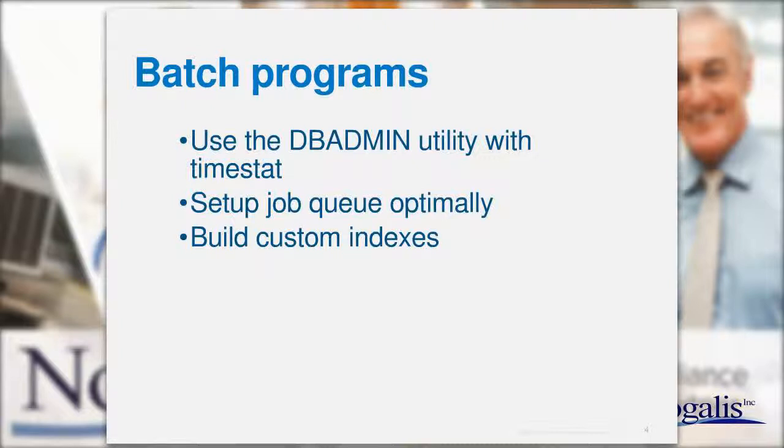Setting up your job queues optimally can help, depending on how many users within your organization are running batch jobs all day long. We have some that hardly do. We've got others where literally the queue is just full the whole day. If you've got an important job that's stuck at the end of a job queue that only allows 2 jobs to run at the same time, the user could be sitting there waiting for some other job to get done.